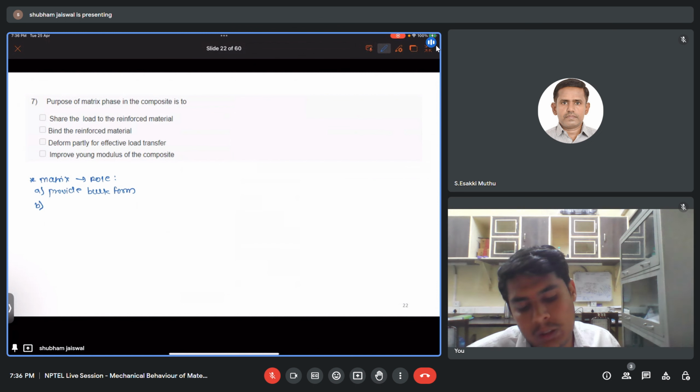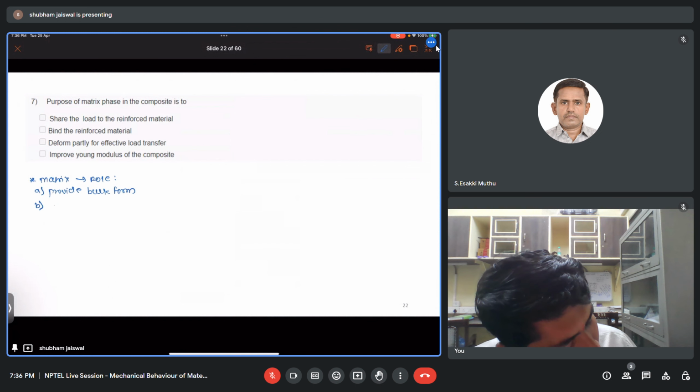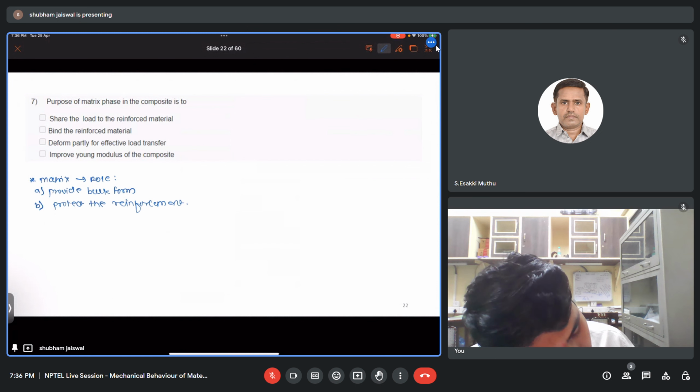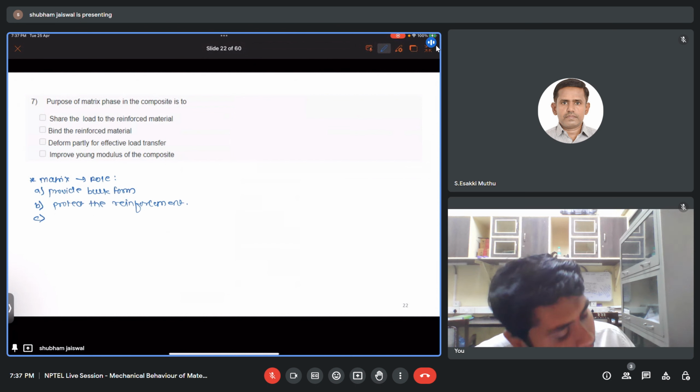The second one is it should protect the reinforcement. Then third one, it should transfer the load to the reinforcement.